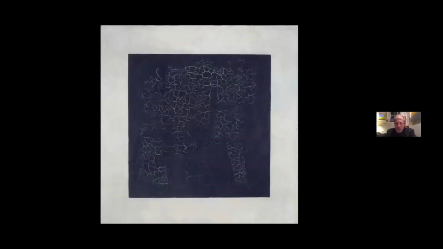But here's another one, of a black square inside a white square. Now, my Dutch grandfather told me never to use black pigments because they'd all been burned and were structurally unstable. And you can see that that is the case here.